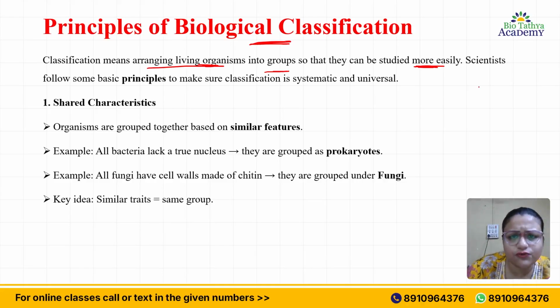For that reason, scientists follow some basic principles to make sure that classification is done in a systematic and universal way. If a store is managed in a systematic way, then that store will be a hit.